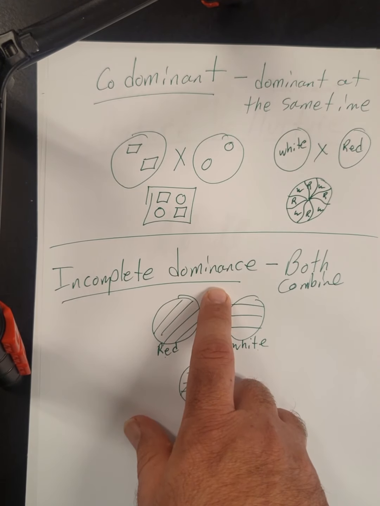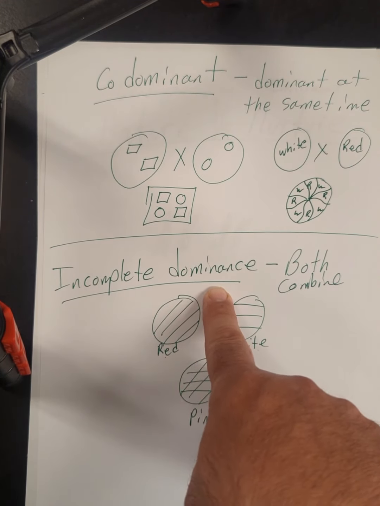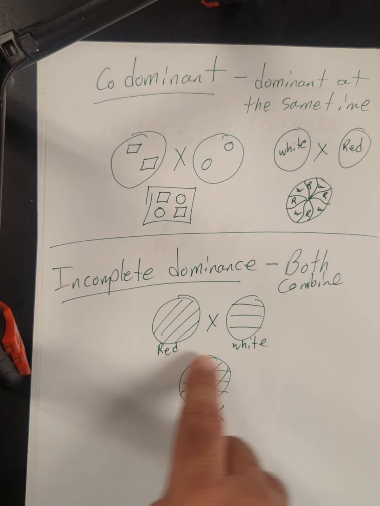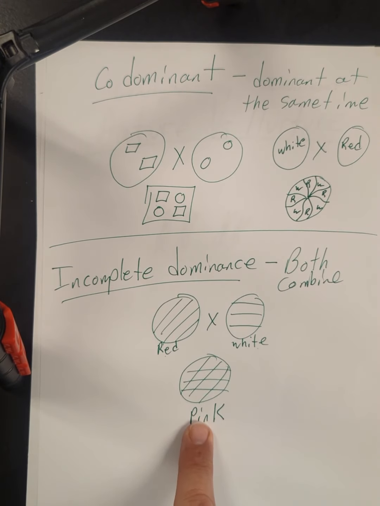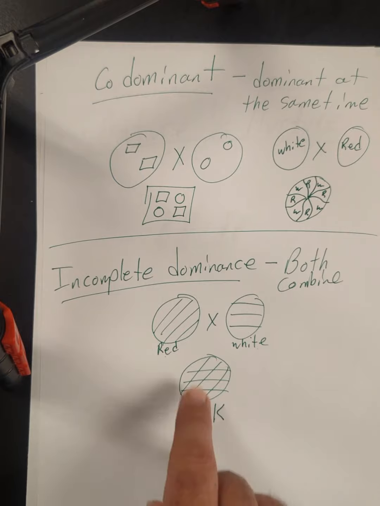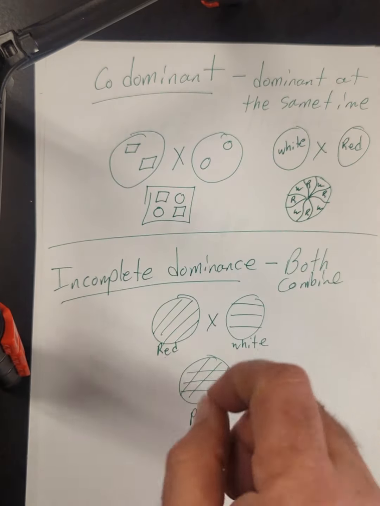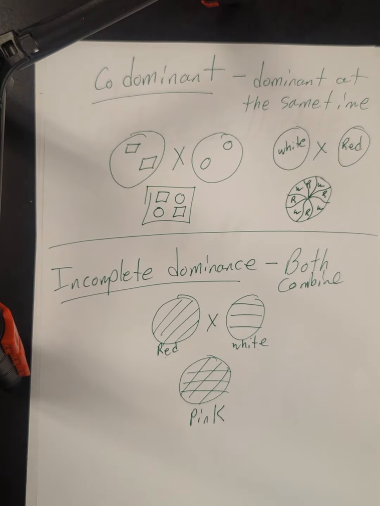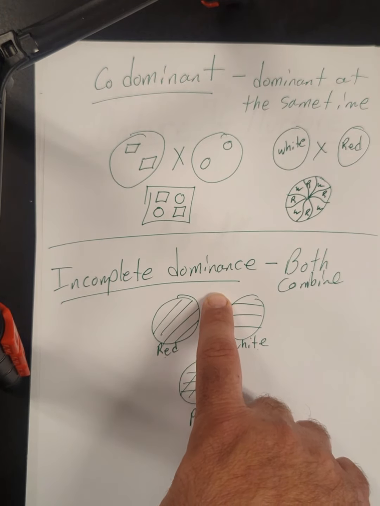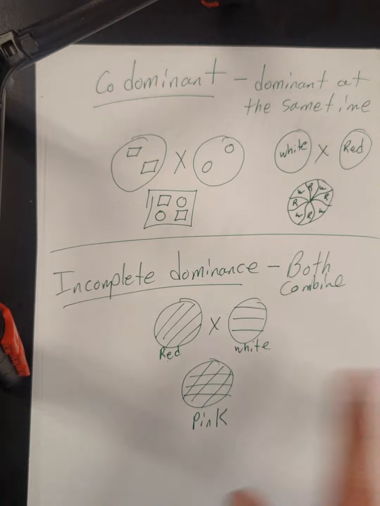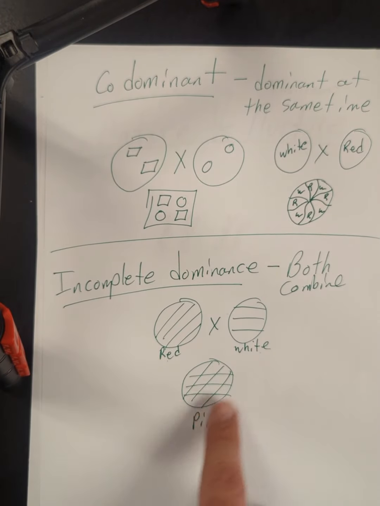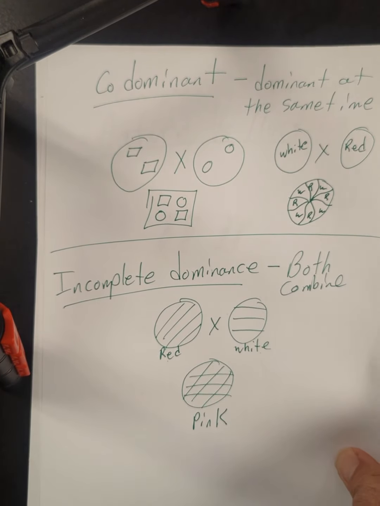In incomplete dominance, they combine. So if you have a red flower and a white flower, you end up with a pink flower. Okay? So codominant, both traits show up next to each other. In incomplete dominance, neither one completely overshadows the other, and so you end up with a blending.